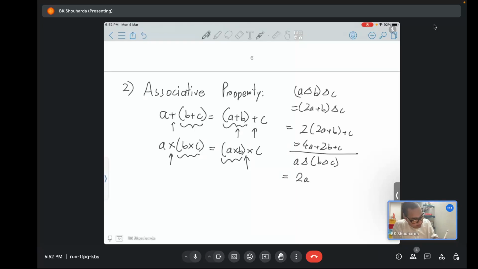We work on a delta, 2b plus c. And what will this be? 2a plus 2b plus c. So you see both of them are different. So clearly delta is not associative.